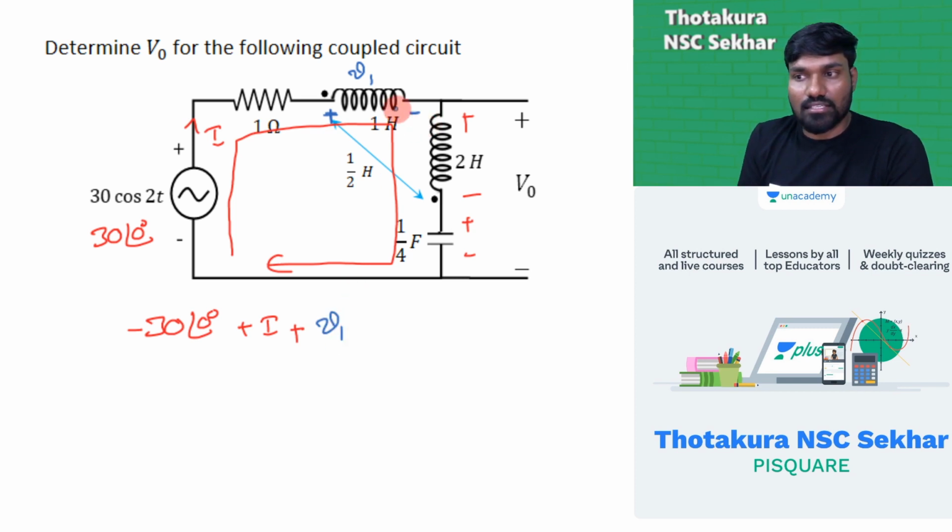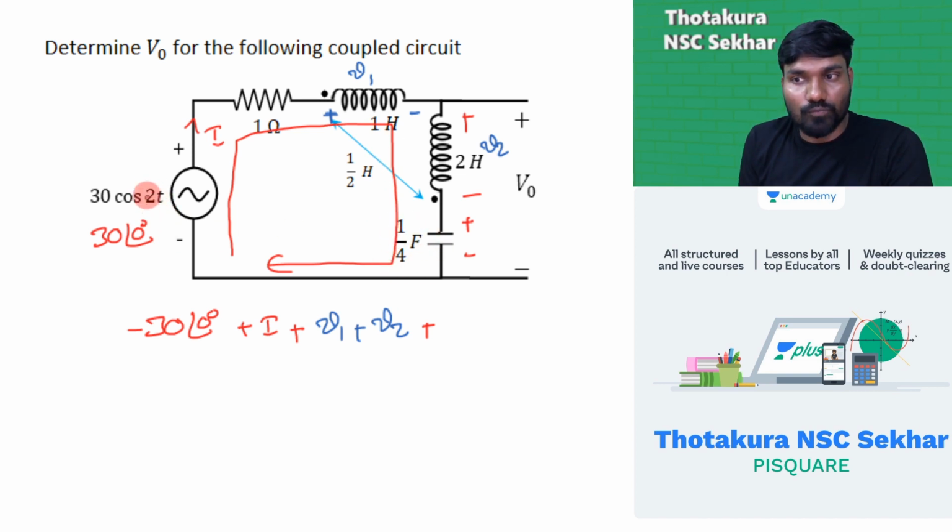Voltage across this, current is going this way, so also plus V2. This is some voltage V2, plus V2. Then this voltage I can directly write. This is the C value, not the XC value.